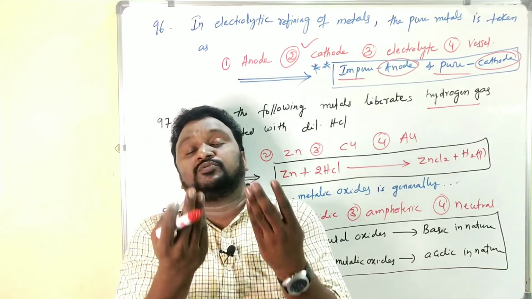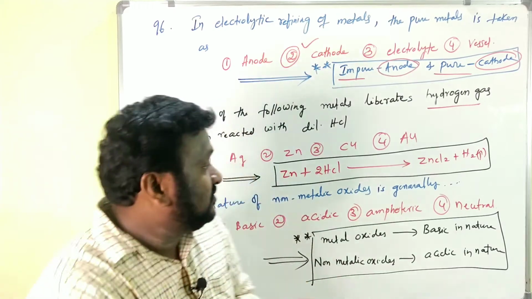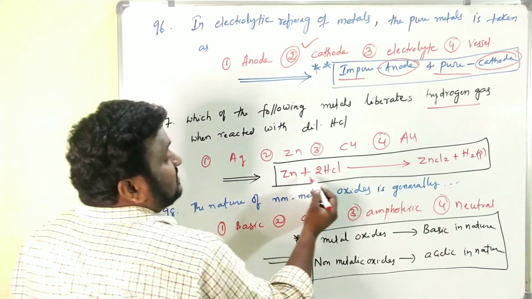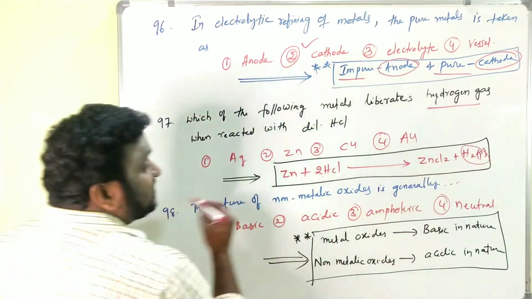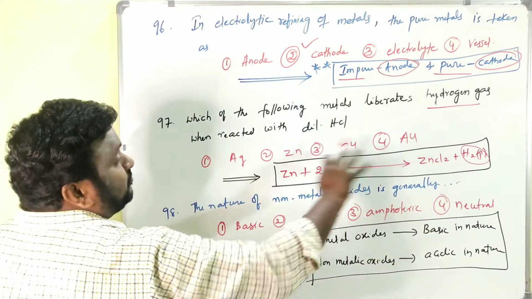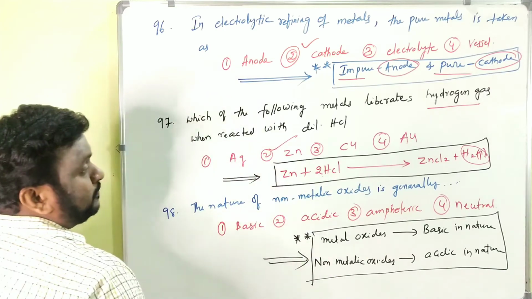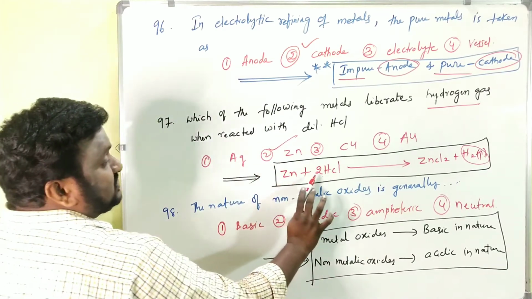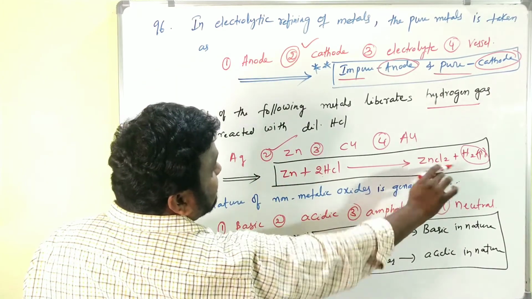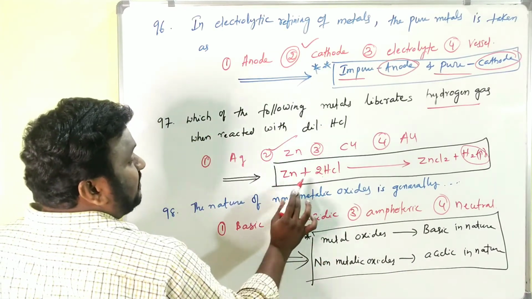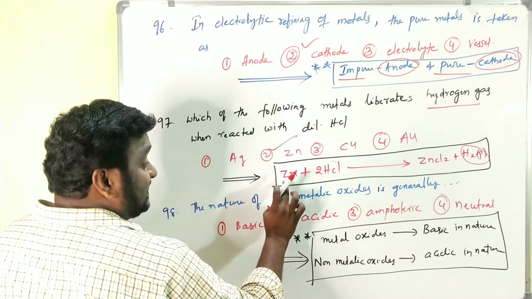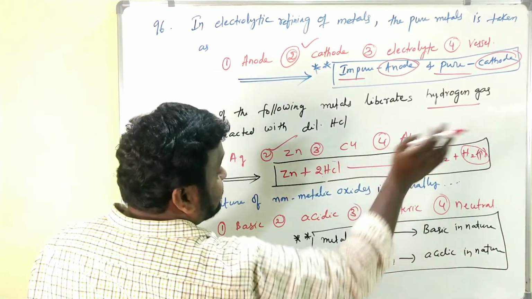Expressed as an equation: Zn plus 2HCl gives ZnCl2 plus H2. That's why among the four options, the second is correct. When Zn reacts with HCl, H2 is liberated.